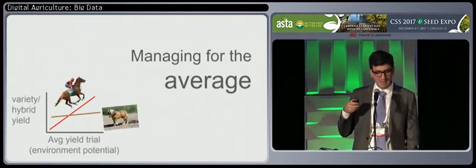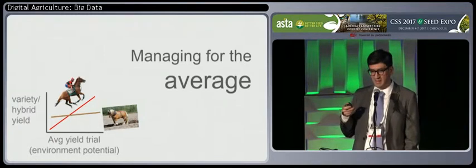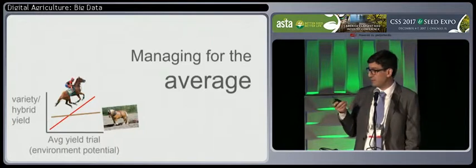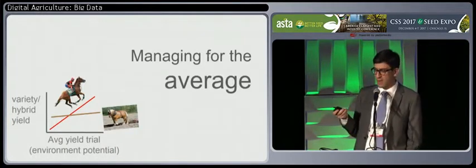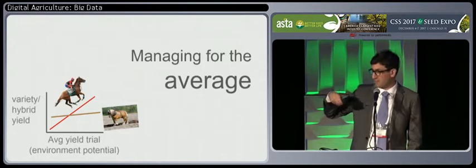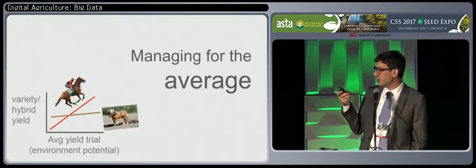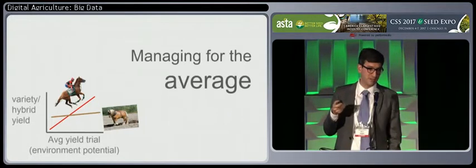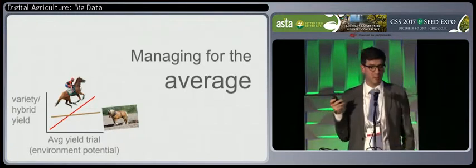But even in the case now that we have multi-hybrid planters, when we plot the results of different field trials, we can put in the x-axis the average yield of the trial, and then in the y-axis the yield of each specific variety or hybrid. We are still talking about race horses or work horses, and this is actually kind of a new concept that we have with multi-hybrid.